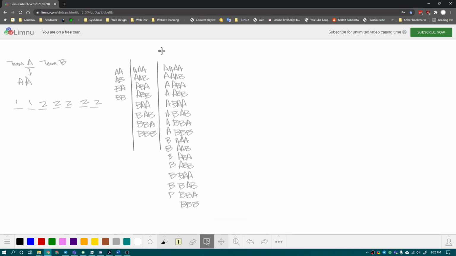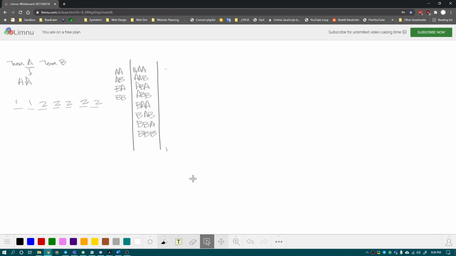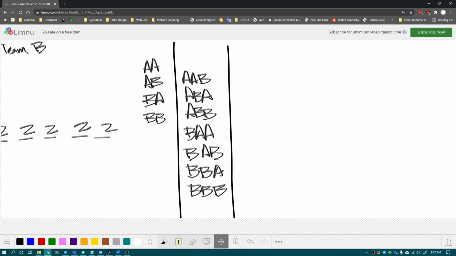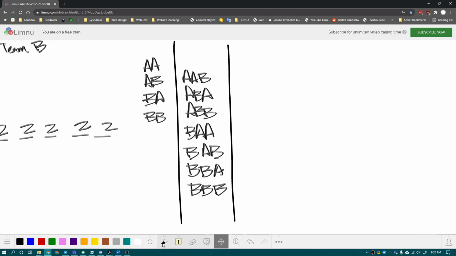I like the idea of doing this mindlessly. That's sort of what I want, because I don't want to have to think about it. My concern is if I'm thinking too hard about it, I'm going to miss something. Right. But what do I know about this top one? I know that I don't need this top row. Can you guys read that at all? Yeah. So I don't even need to write it.